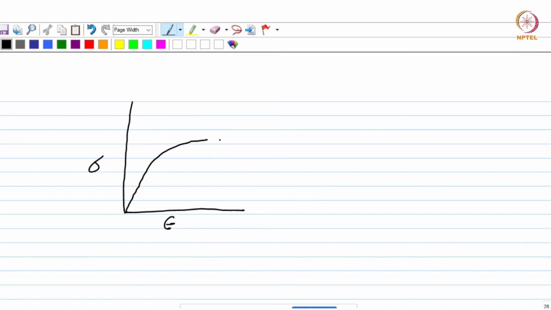Let's say this is at a particular strain rate, epsilon dot 1. In one case, if we increase the strain rate, we have seen that the stress will also increase.